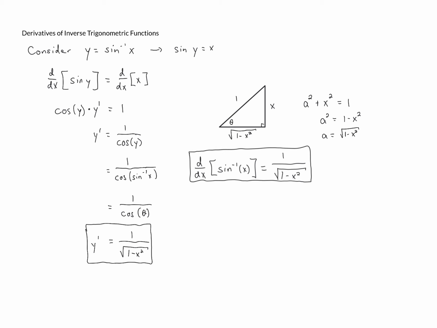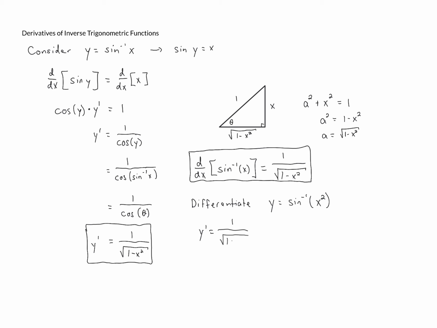Let's differentiate y equals inverse sine of x squared. Okay? We're going to have to use the chain rule here because we have a composition of functions. We start with the derivative of the outer function. The derivative of inverse sine of u is going to be 1 over the square root of 1 minus u squared.